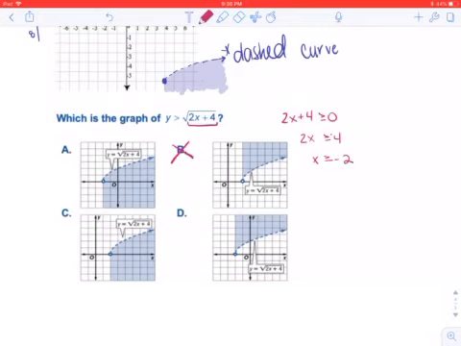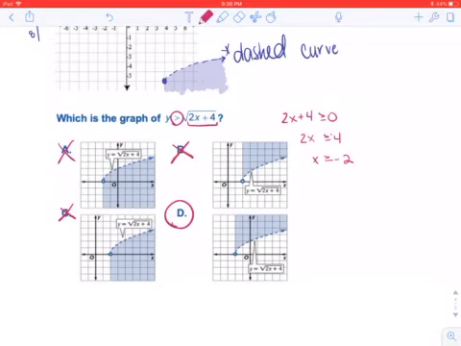Well, it can't be B, can't be C. Right? So part of this is to process, and I could actually ask you to graph this, but really this is helping your deductive reasoning skills as well. Right? And then it says, wait a minute, greater than is always going to be above, not below.